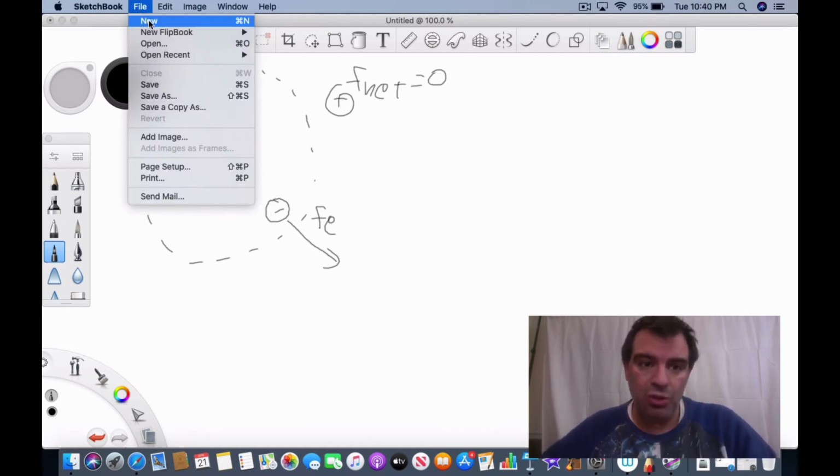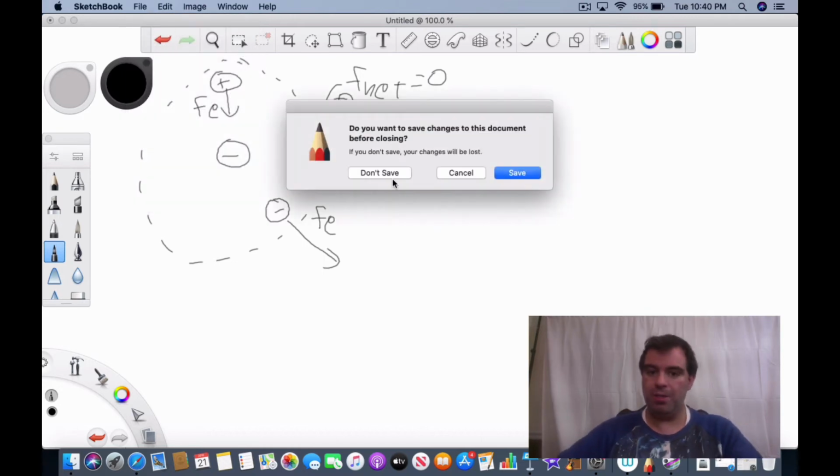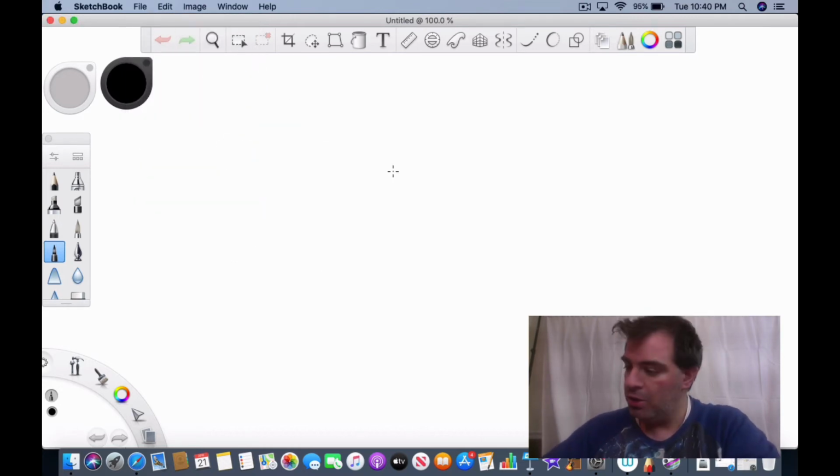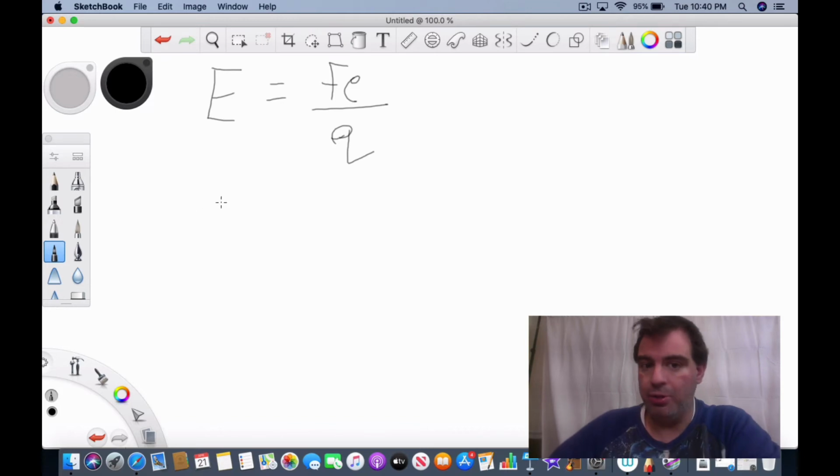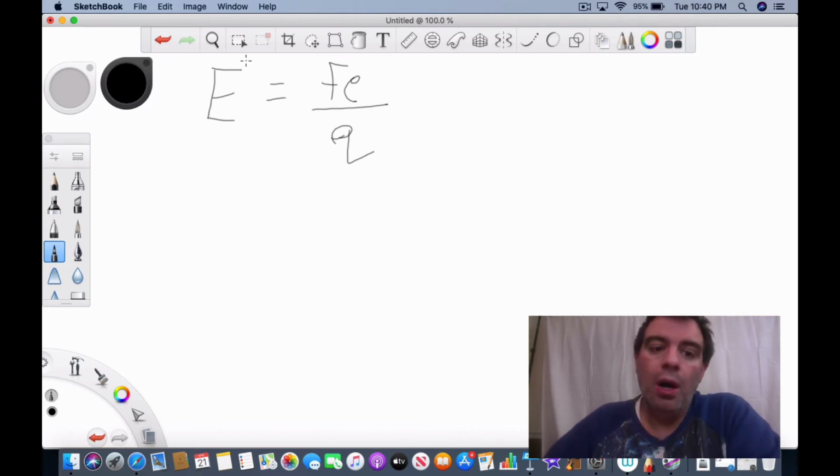Now let's look at the quantitative relationships for the electric field. We said electric field strength is given by the formula F_E, the electrostatic force, divided by Q, the Coulombic charge that an object experiences. So here we have two relationships that we need to explore.